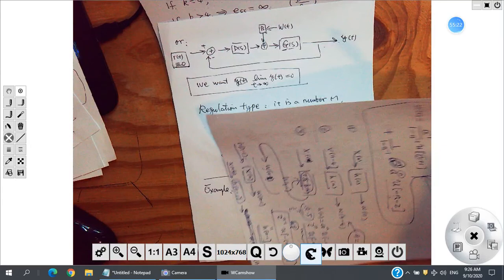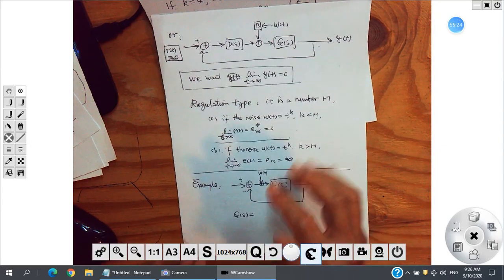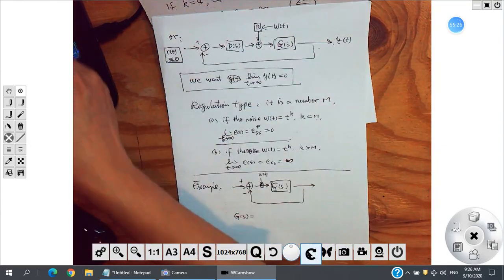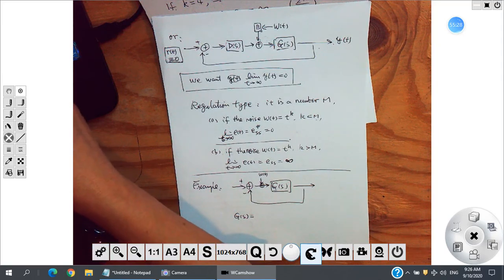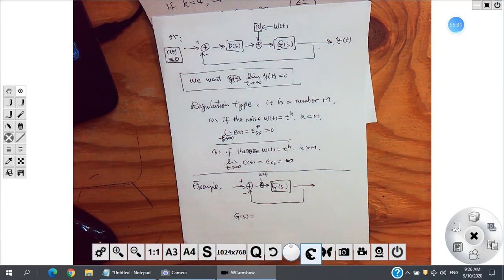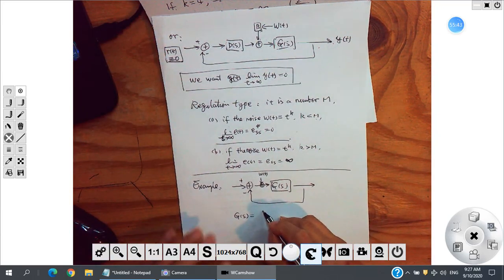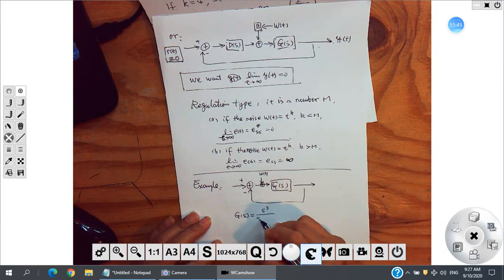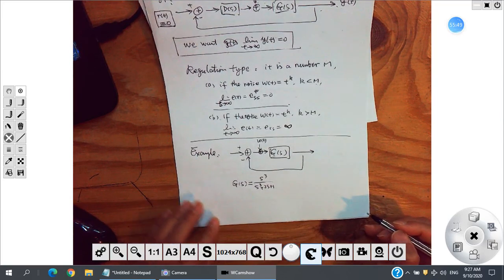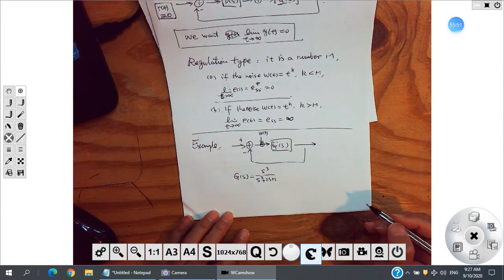I lost it. I put it somewhere. Okay, this one. S cube. I can use S cube over S cube plus 2S plus 1. Use this one. So this is G of S.